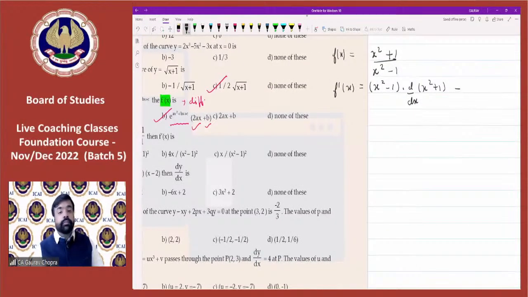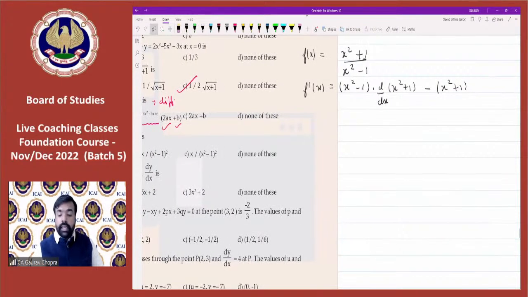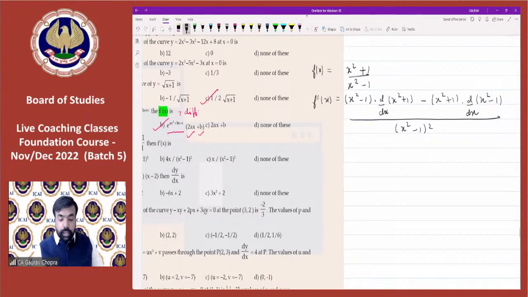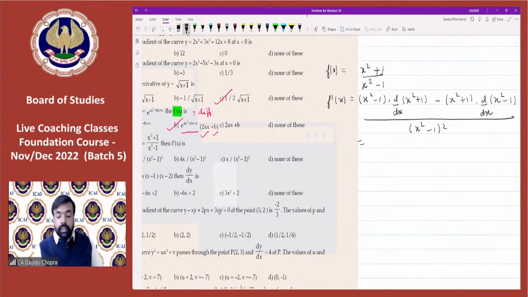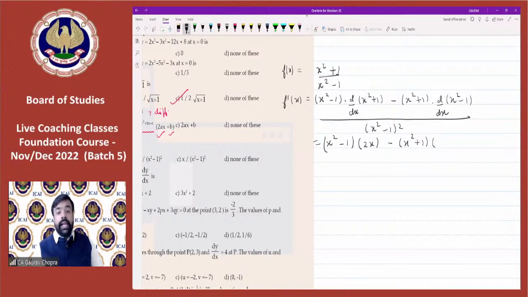Then minus, this time numerator will remain as it is, and then differentiation of denominator, whole divided by v square. So x square minus 1 to the power of 2. Now we can solve this and get the result. So x square minus 1. For dy by dx we can write 2x, then minus x square plus 1 as it is this time. And again for x square we can write 2x.